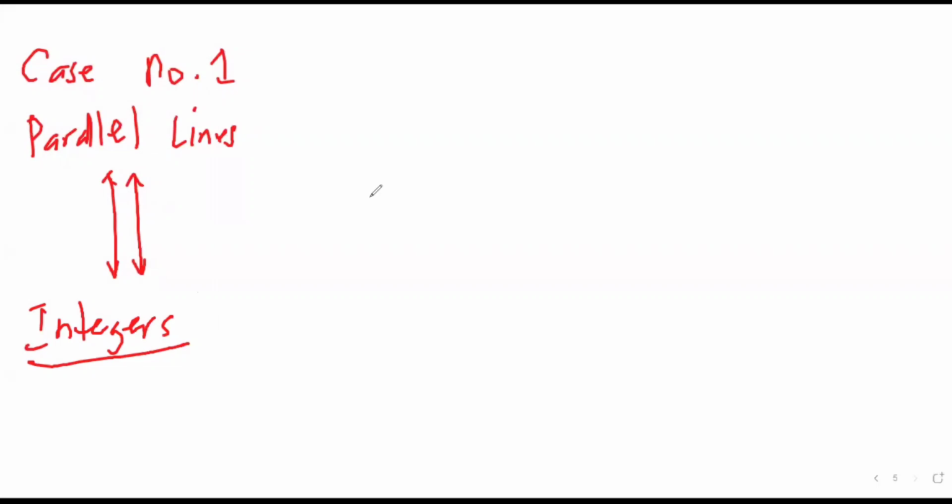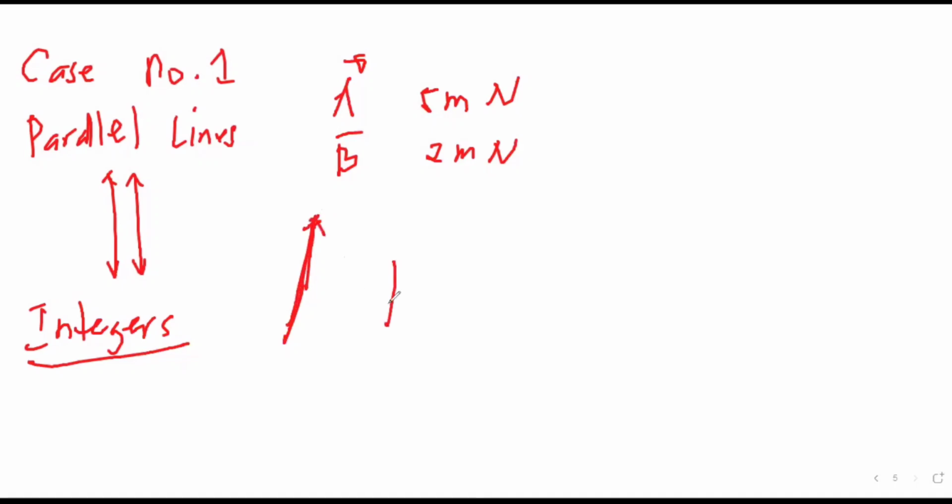Okay, let's say for example, we have two vectors. Vector A is 5 meters north and vector B is 2 meters north. So if you're going to draw that, this is 5 meters north and we have 2 meters north.